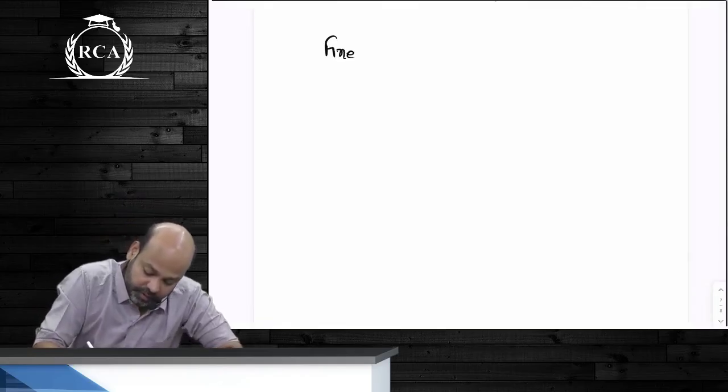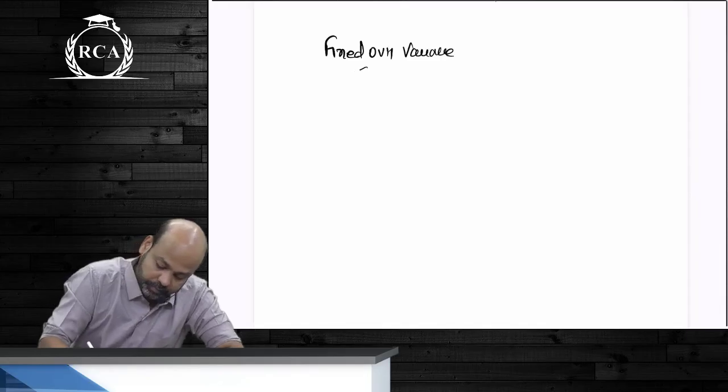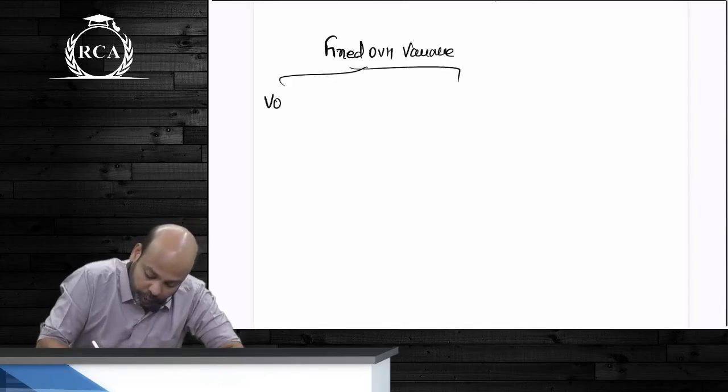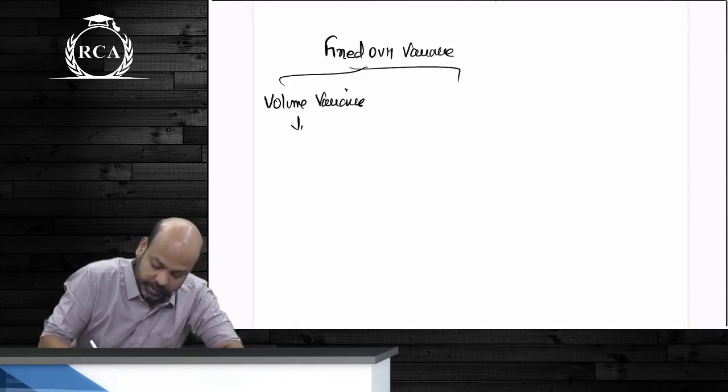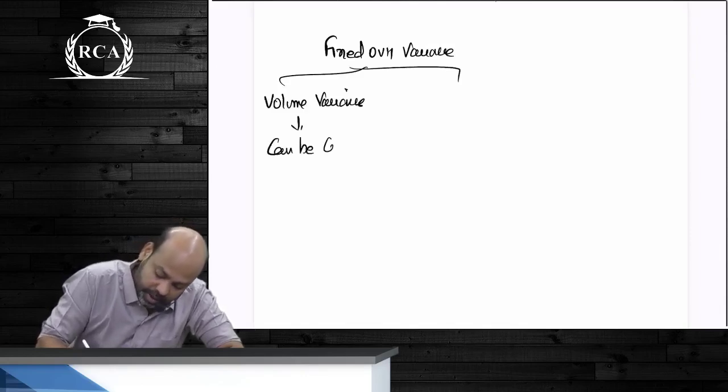Fixed overhead volume variance, can this be computed? Definitely yes, can be computed.